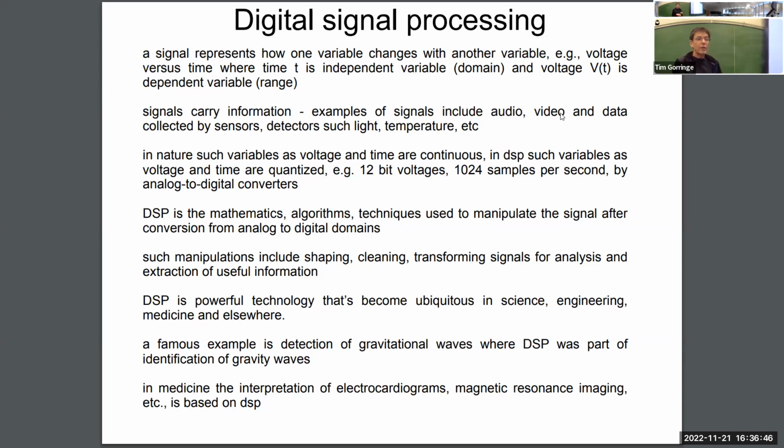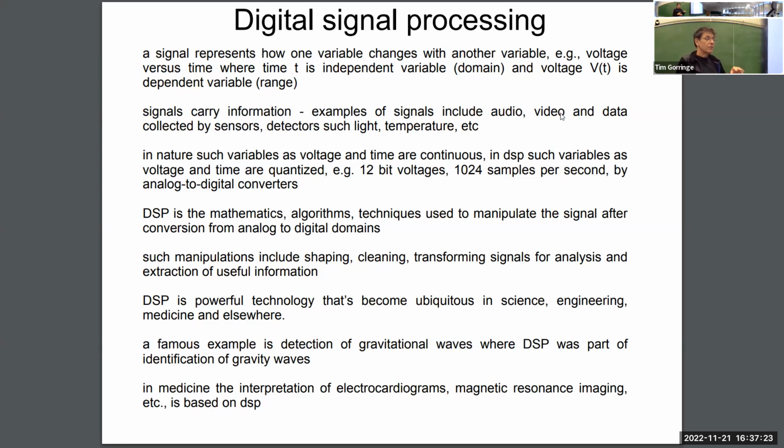When we talk about digital signal processing of, say, experimental information, then we're imagining that there's some sort of analog to digital converter that has taken nature's analog signals and turned them into digital signals. And when we talk about voltage variation versus time, we imagine that the voltage and the time are now quantized. So the time is now just coming in discrete units, and the voltage has discrete values.